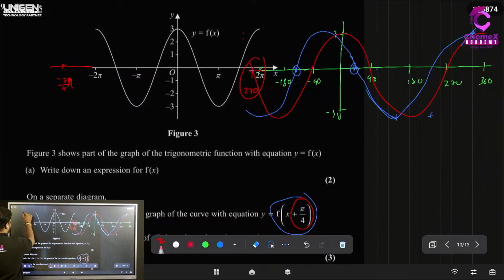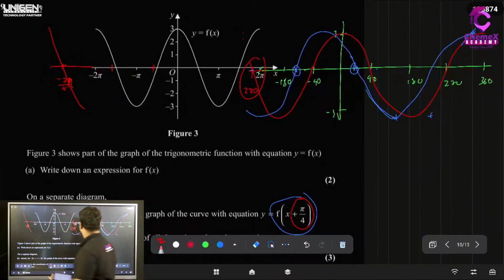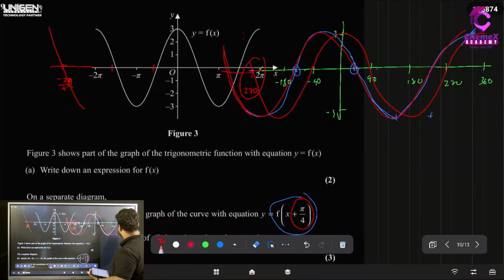So it's going to go like this. Between these two, you have the turning point somewhere here, so it's going to go like this. And somewhere here, you have 90. This line is what is actually happening. The same thing you have to draw, the blue line, with the degrees as radians.